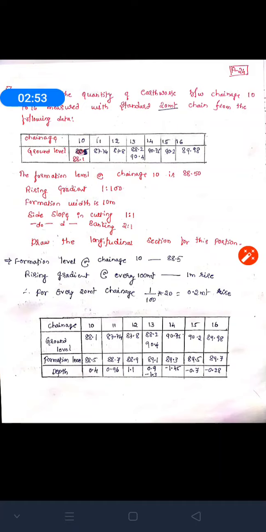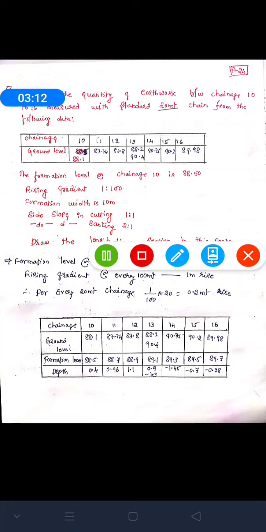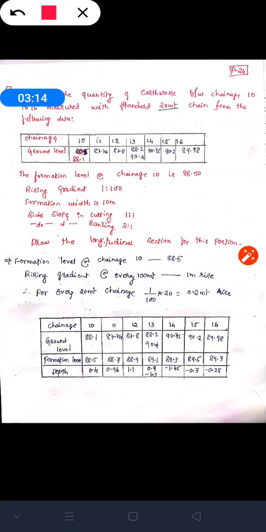For the formation level, he has given a rising gradient, so we have to add for the next chainage. If the starting chainage is 88.50, then in order to find the next chainage we should add 0.2, because the gradient is rising here. You can see this 88.5, we added 0.2 for the next chainage. At chain 11 it is 88.7.